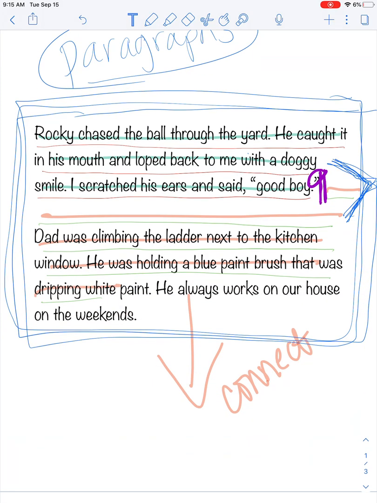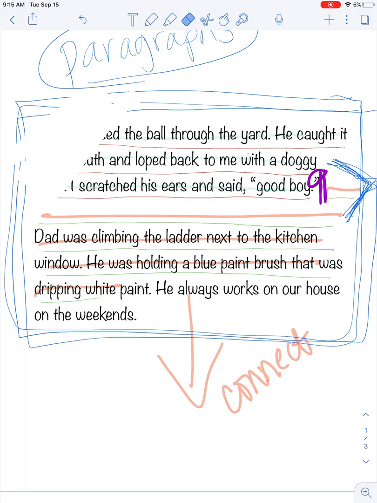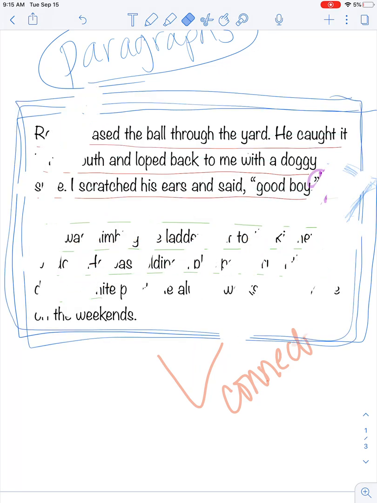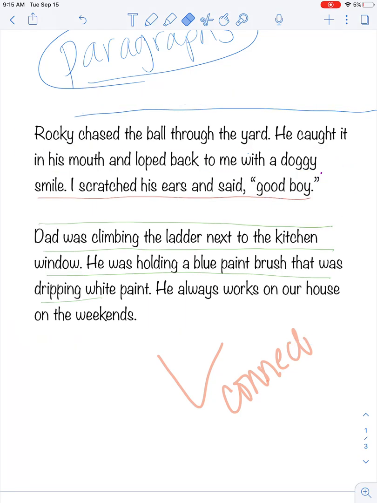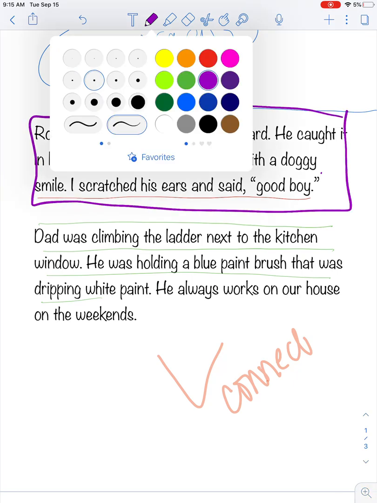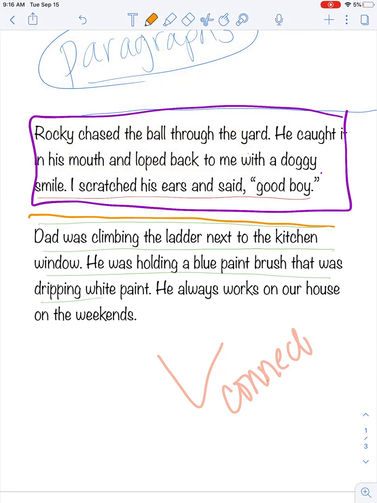So let me kind of erase my mess here so that you're able to see what this is going to look like. All right, so now I have my two parts, Rocky chasing the ball and playing fetch with me, Dad climbing the ladder next to the kitchen window holding the paintbrush.